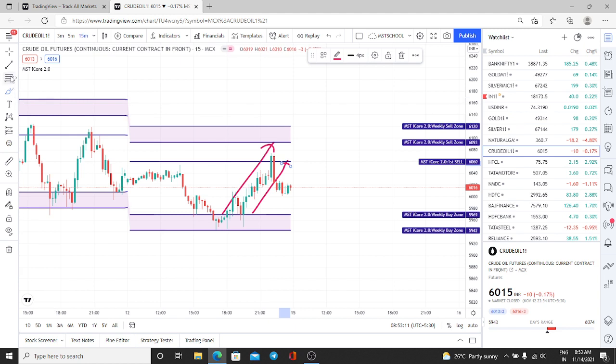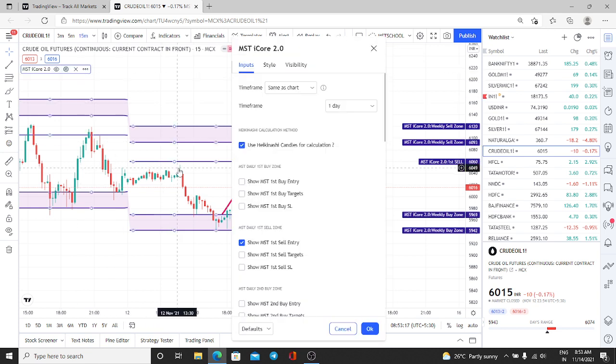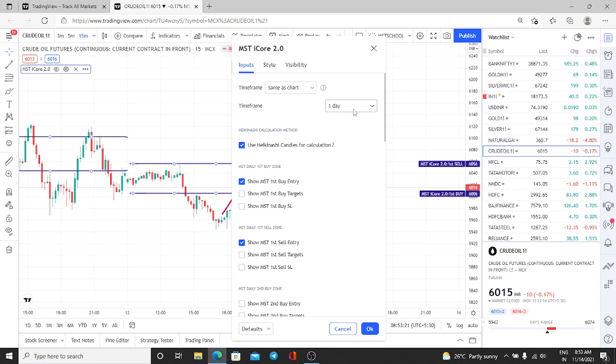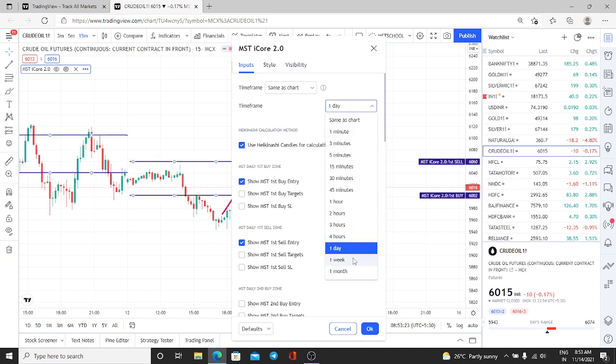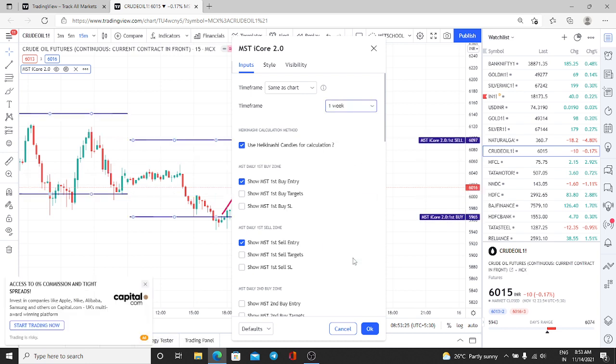And the third method, what you can do: now you have identified the entry. Now change the weekly time frame from here.